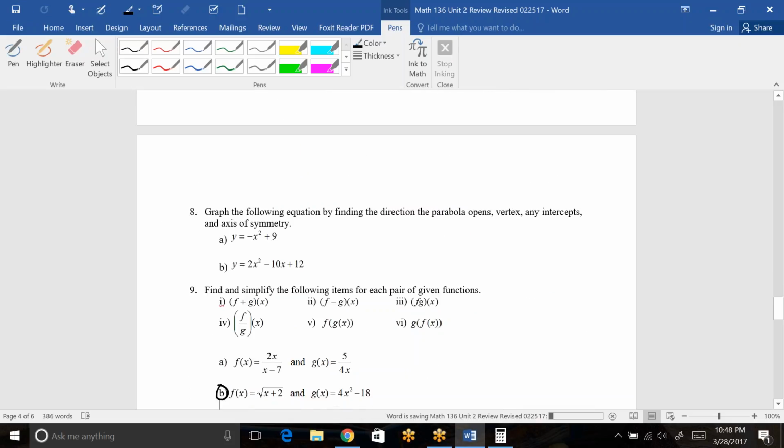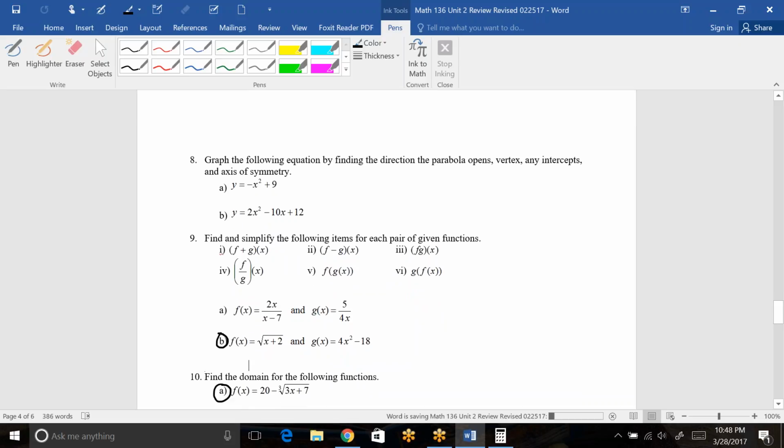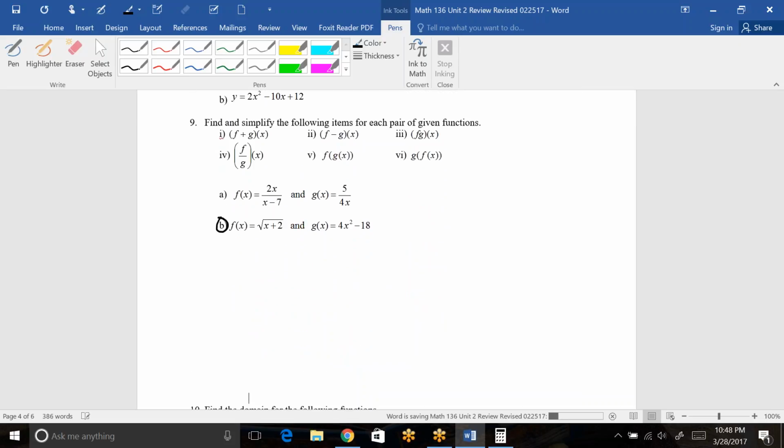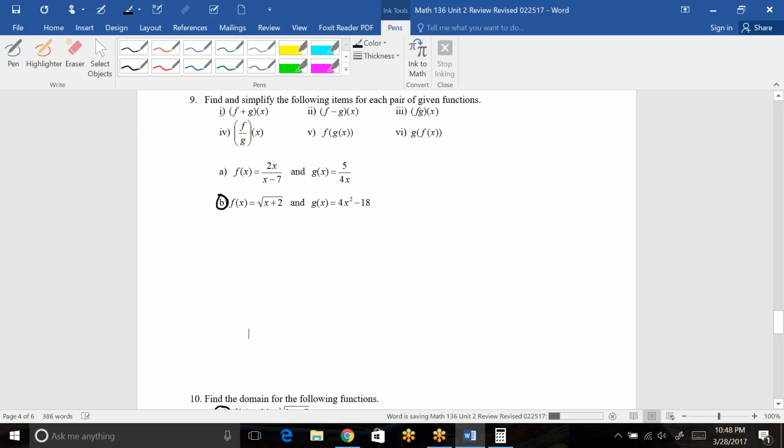Looks like our next question goes down to 9b. So we're moving towards the end now. I'll need a little bit of space to be able to do this one. So I'm going to go ahead and write all of the things that I need to find. On none of these does it ask me to find domain.